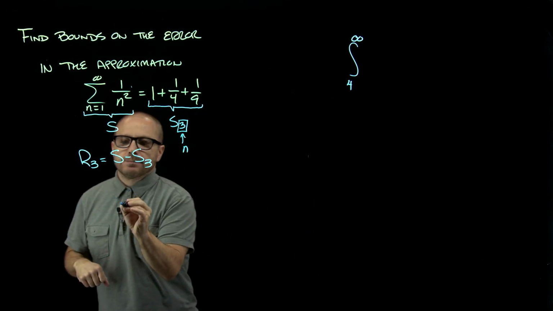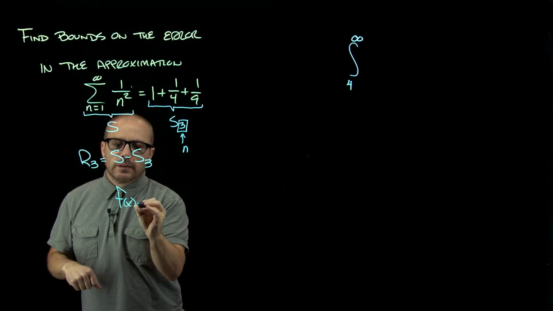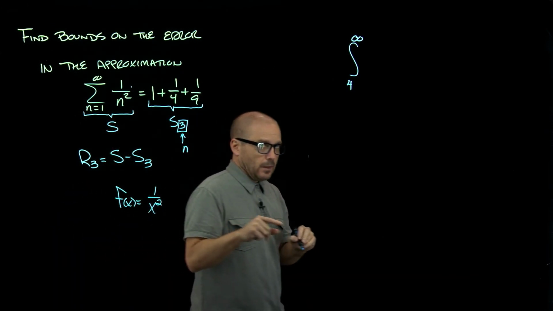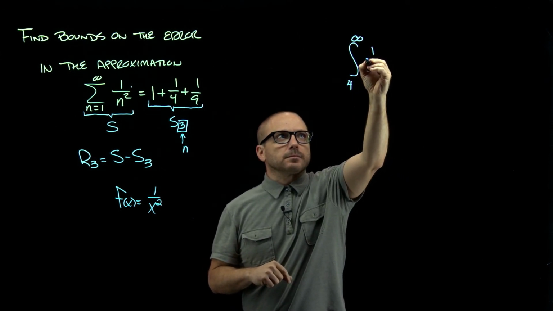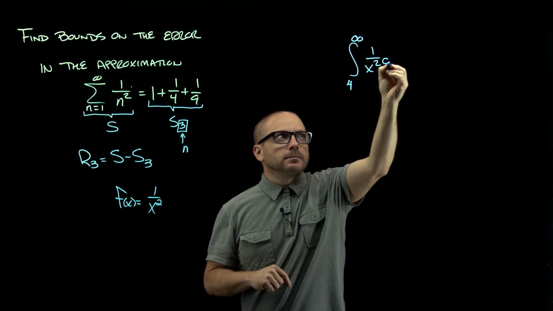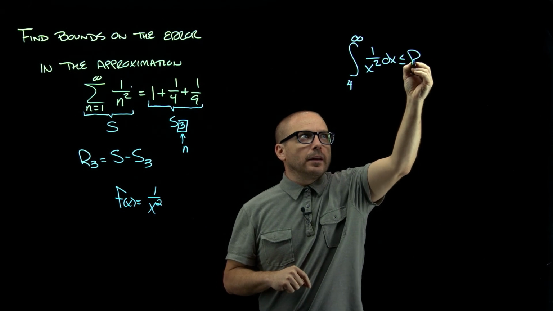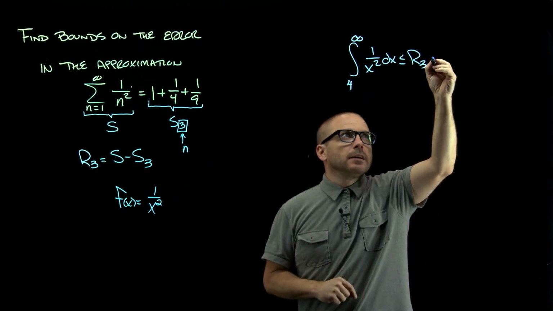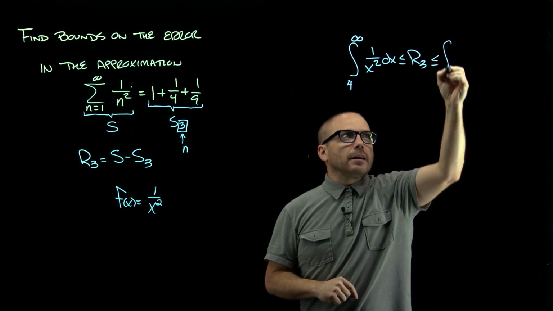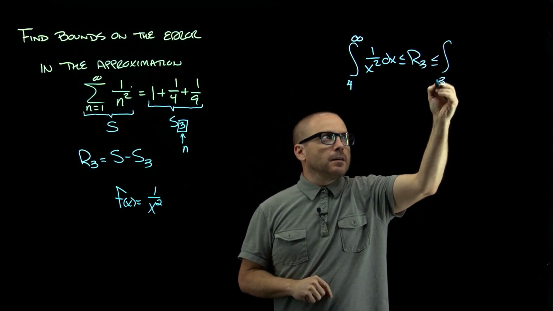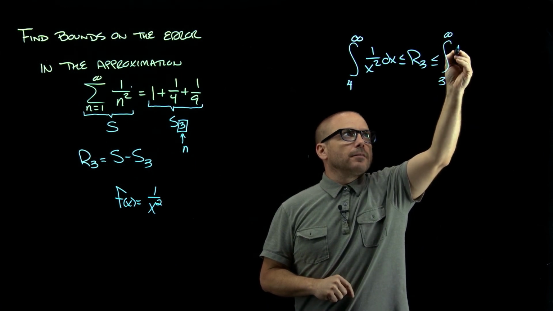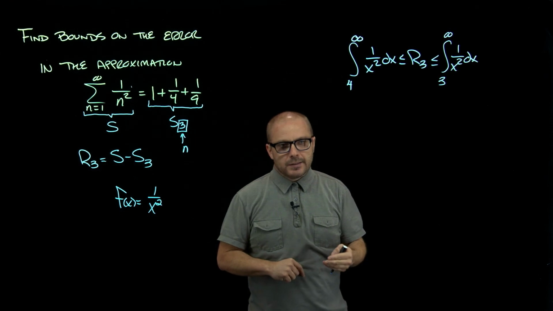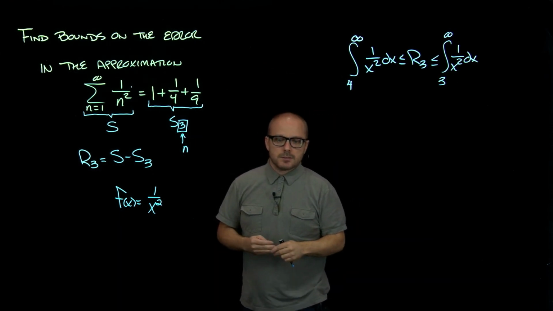So our function is not 1 over n squared, but 1 over x squared. We know that this error is trapped between that and the integral from n to infinity of that function as well. So you're doing the same integral twice, just with different limits.